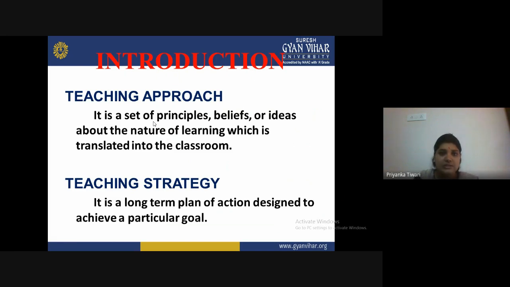This is the introduction part of method. A teaching approach is a set of principles, beliefs, or ideas about the nature of learning, which is translated into the classroom. Teaching strategy is a long-term plan of action designed to achieve a particular goal.